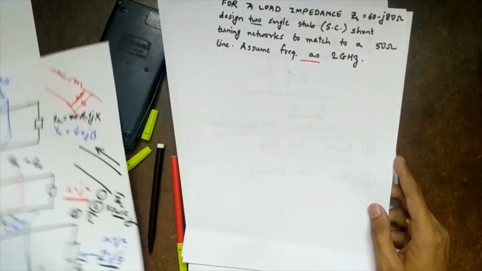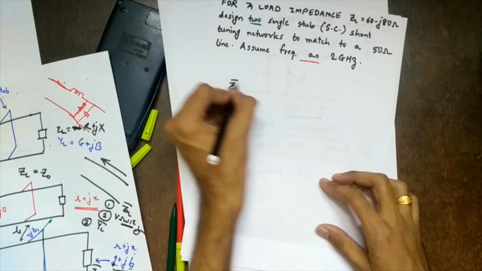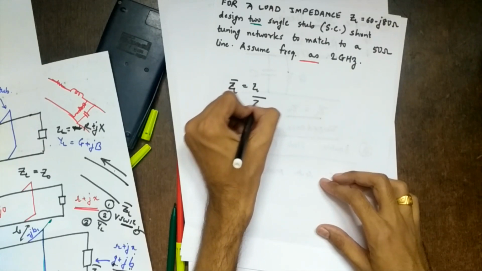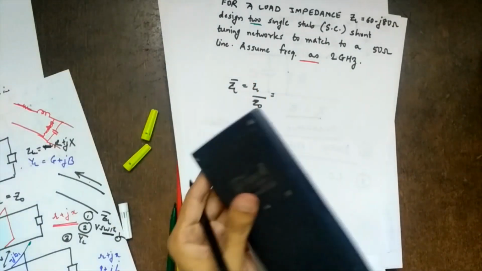So ZL is 60 minus j80. What will be ZL bar? It will be ZL by Z0, so (60 minus j80) upon 50.